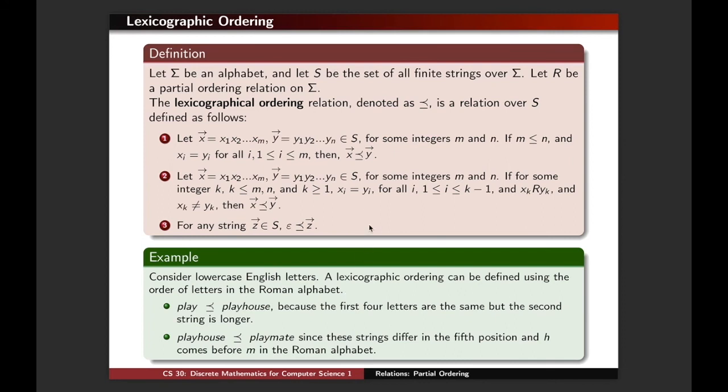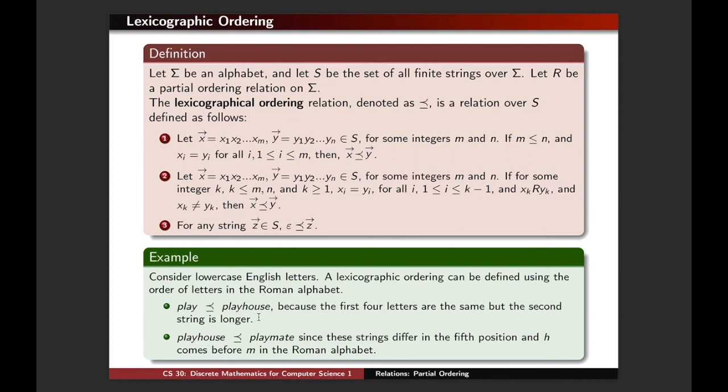Then, in the lexicographical ordering that follows this definition, we know that the word play is less than or equal to playhouse. So play comes before playhouse.